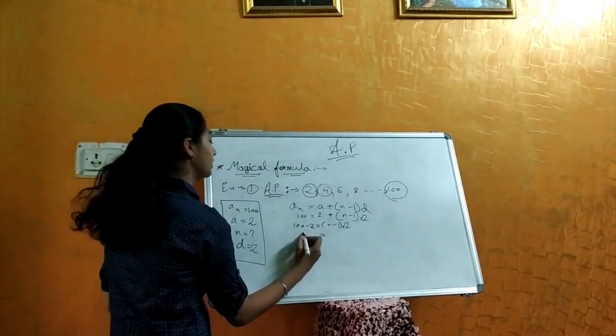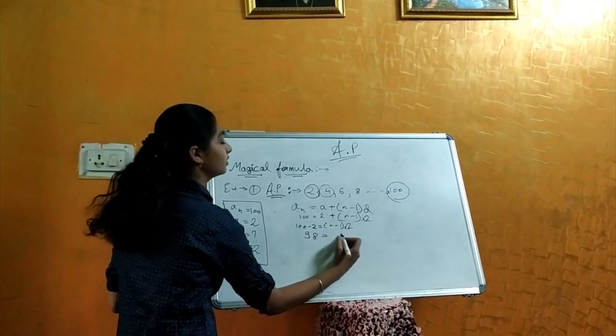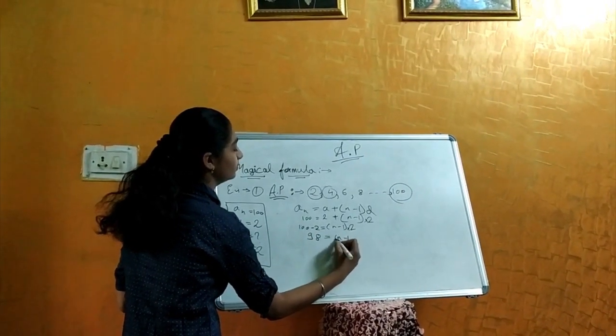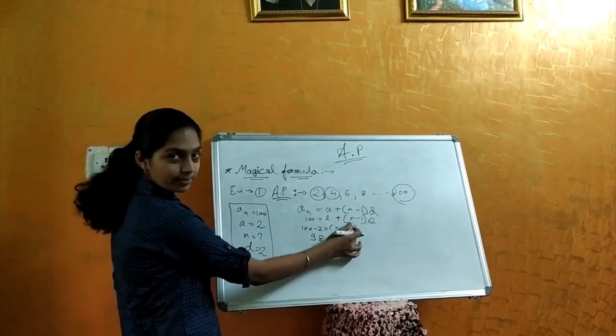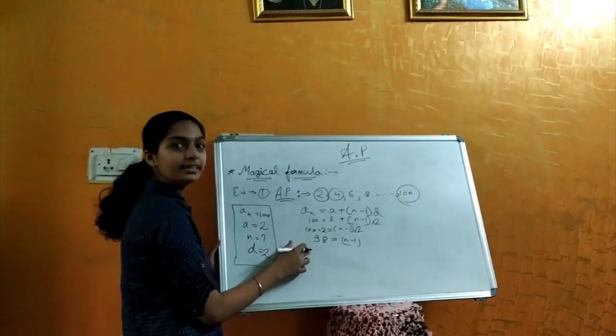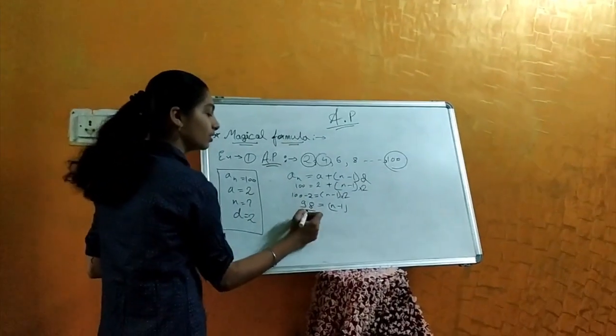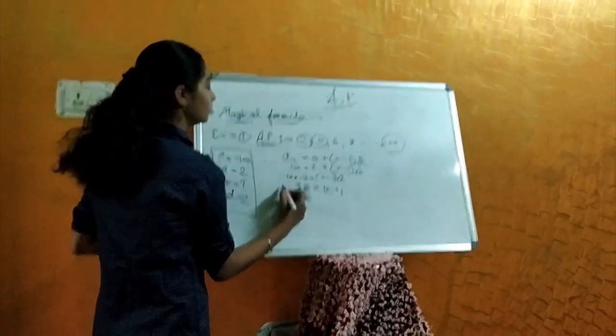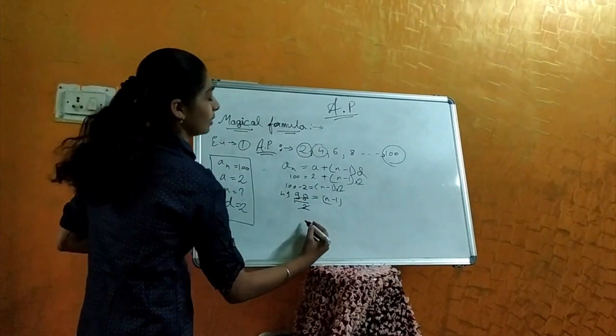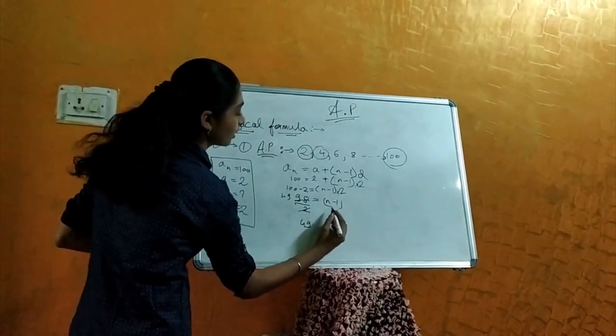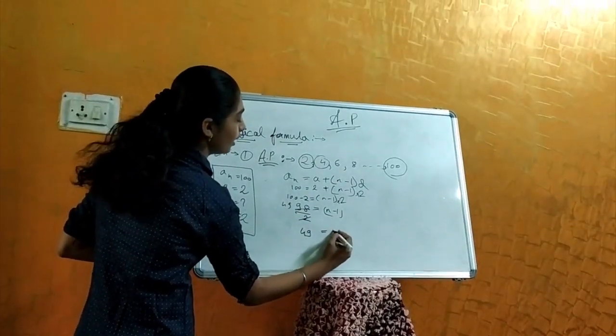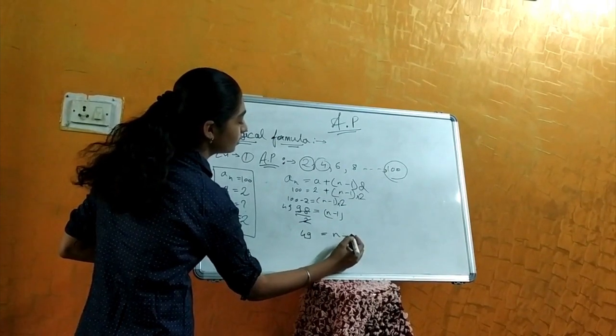So what will be here? 98. And n minus 1 is a multiplication too, so the 2 will come here and divide the 98. So what will be the answer? This will be 49. Now 49 is equal to n minus 1.